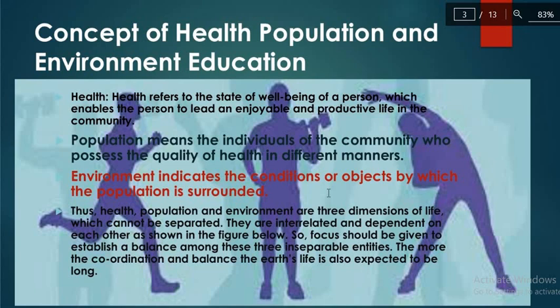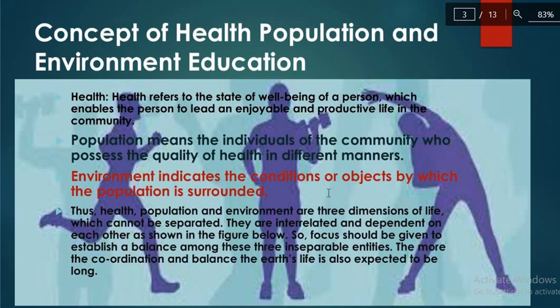This statement focuses on the well-being of a person who is able to lead an enjoyable and productive life. This short definition makes us clear that being away from disease alone is not a healthy life.